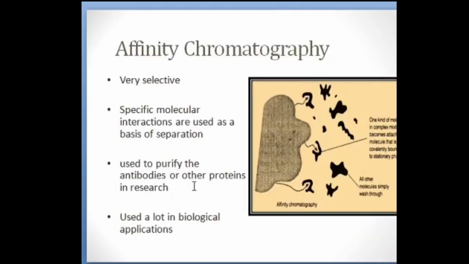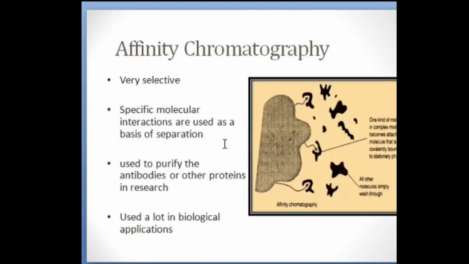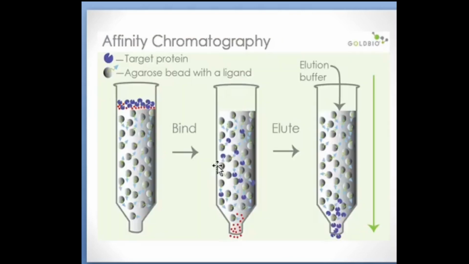This affinity chromatography is used to purify antibodies or other proteins used in research, and it is used a lot in biological applications. So the principle is based on the specific interactions between antibody and antigen, or enzyme and substrate, receptor with ligand, or lectin with sugar.